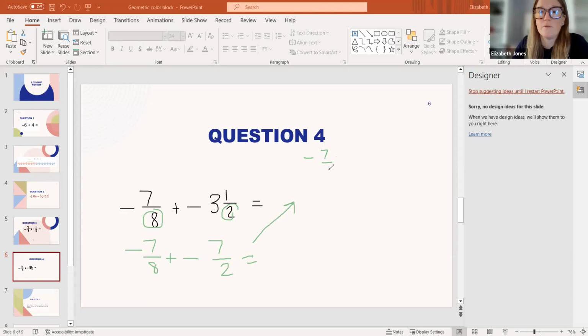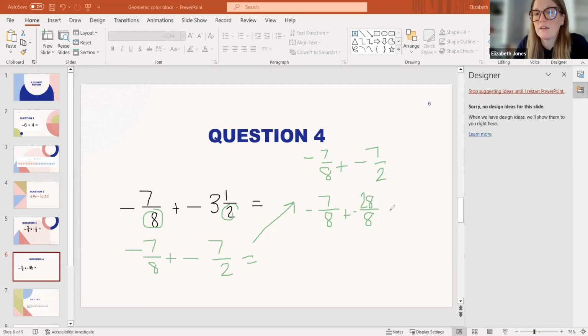just so we can practice converting with common denominators. So we have negative 7/8 minus 7/2, and we're going to find our common denominator. And I'm going to use 8. So we're left with negative 7/8 plus, we still keep our negative, 2 goes into 8 4 times, and 4 times 7 is going to give us 28.